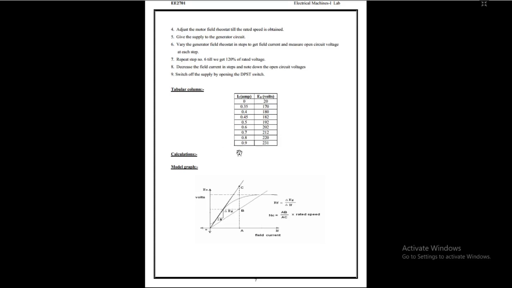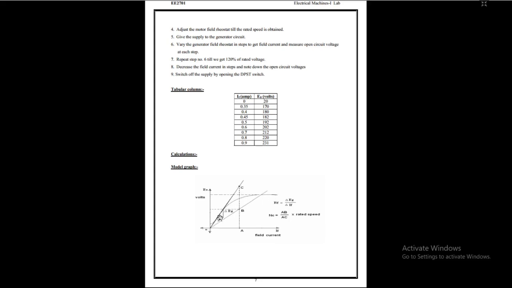After finding these values, draw the graph with the field current as the x-axis and the generated voltage E net as the y-axis. The graph will follow this curve. After that, draw two lines.